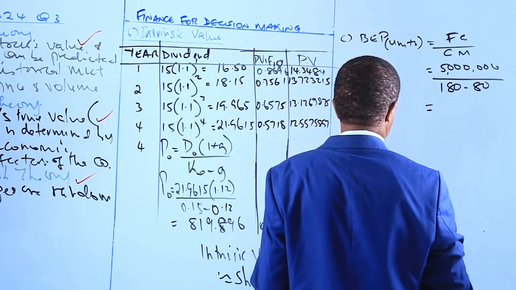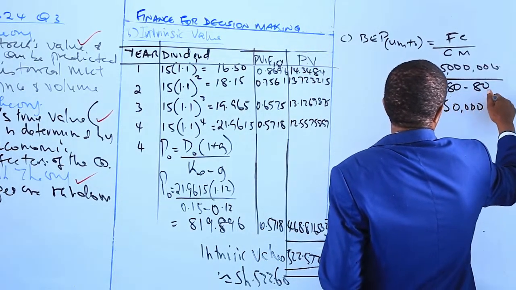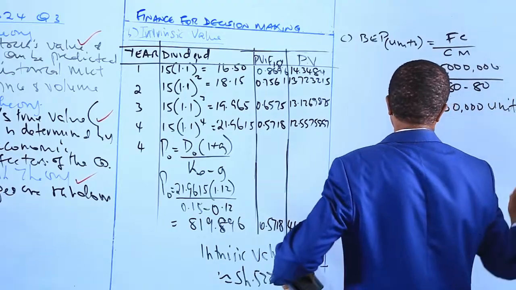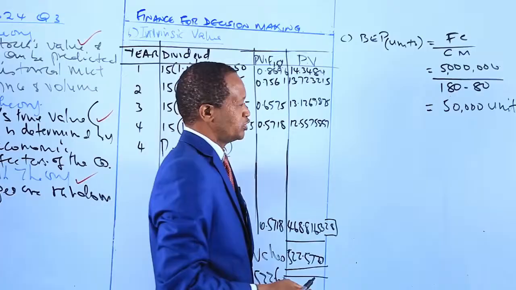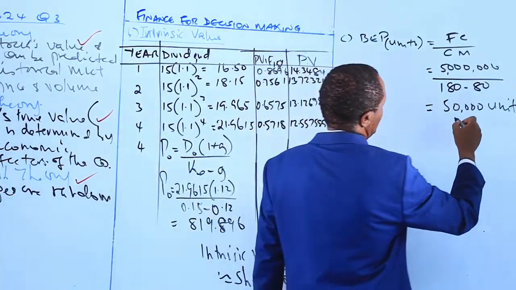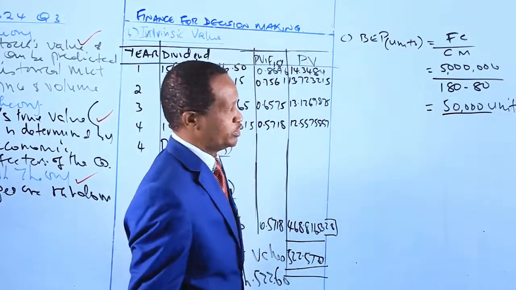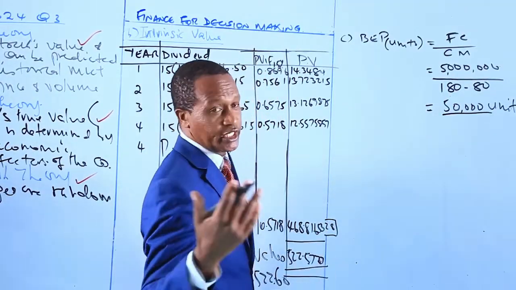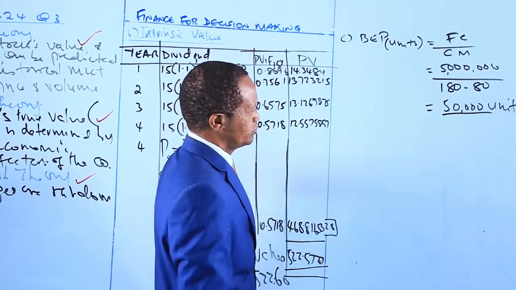This is equal to 50,000 units. Now this is the break-even point in units. That means that if the company is to produce 50,000 units, the company will not make any profit, because at break-even point, profit is equal to 0, which means that the total cost equals the total revenue.